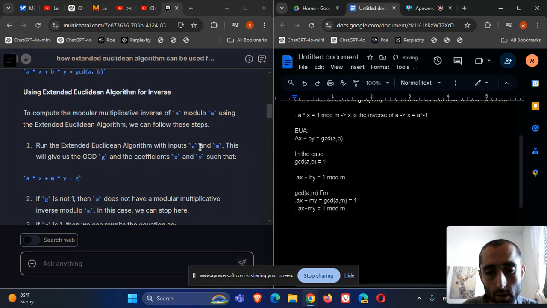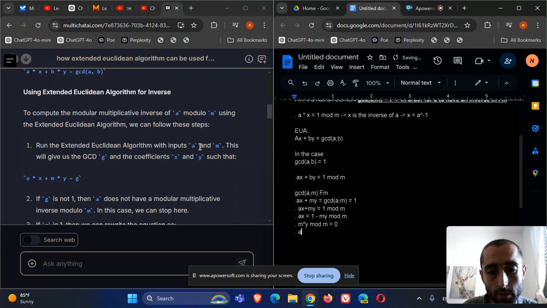But you can say that ax equals 1 minus my modular m. But m times some integer y, modular m, gives you 0.